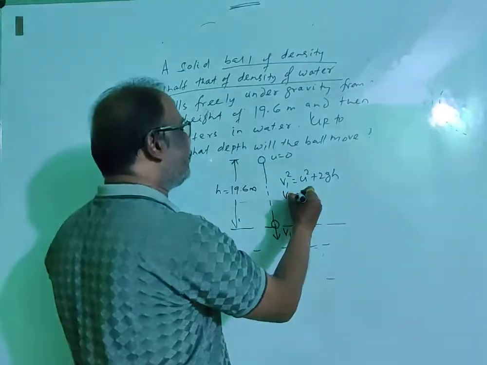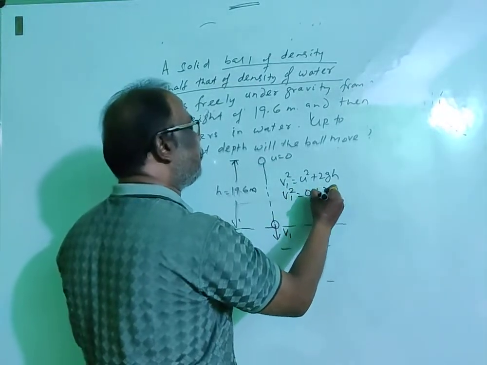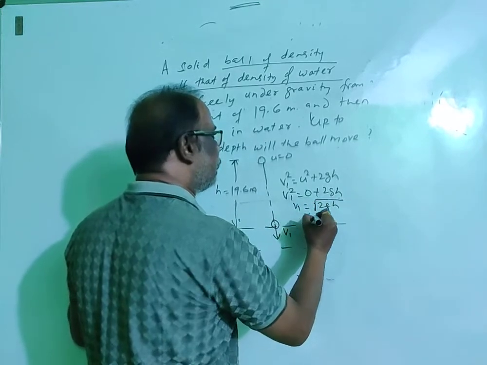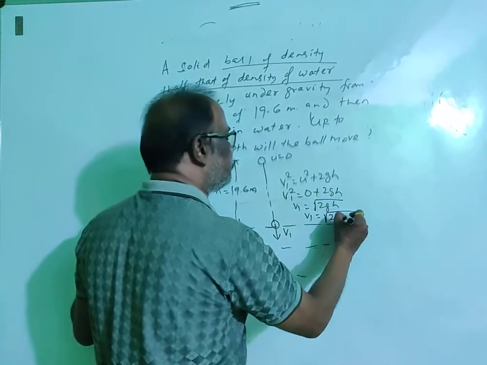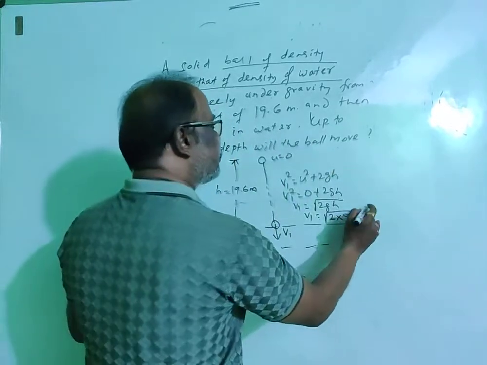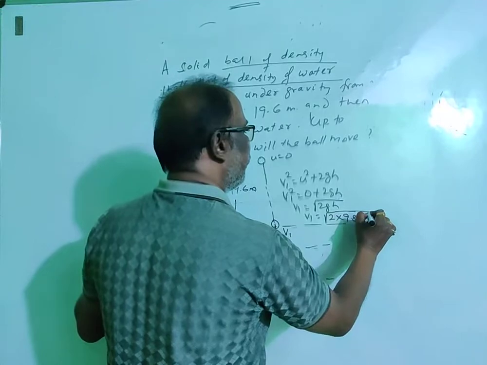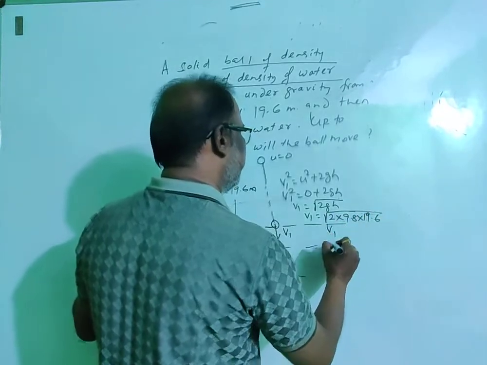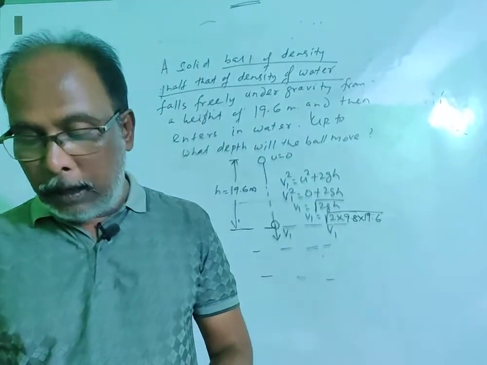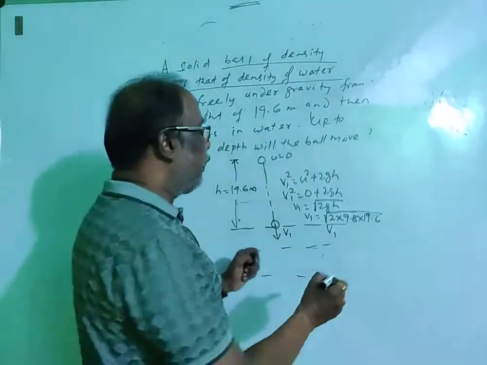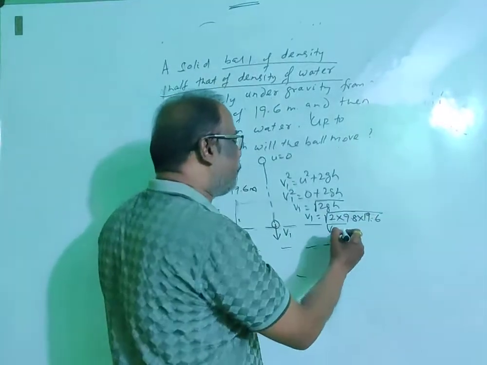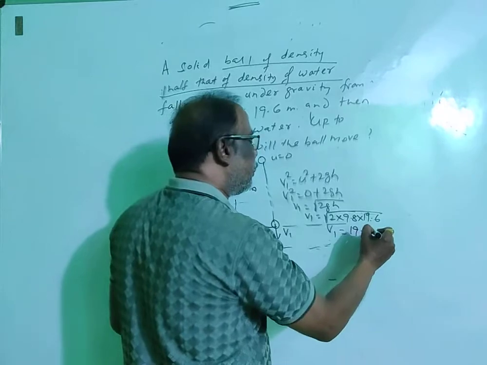V1 square is 0 plus 2GH. V1 is equal to root of 2GH, and V1 is equal to root of 2 into 9.8 into H, H is 19.6. 9.8 into 2 is 19.6, into 19.6, then V1 is 19.6.